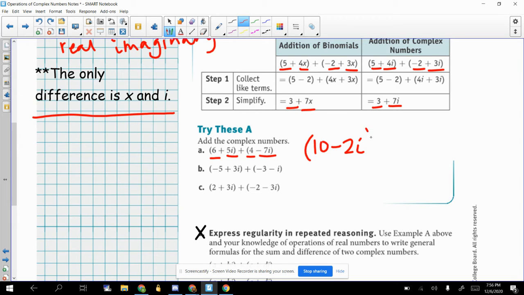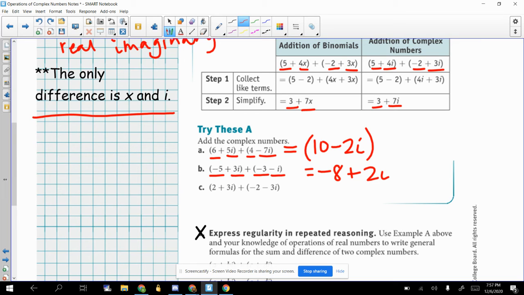And you could write it in the parentheses, or you really don't need the parentheses either. You're just writing it as a complex number. Okay. Same idea here. Negative 5 plus negative 3 is negative 8. And then 3i plus negative i is 2i.